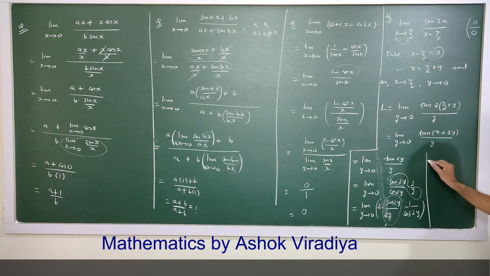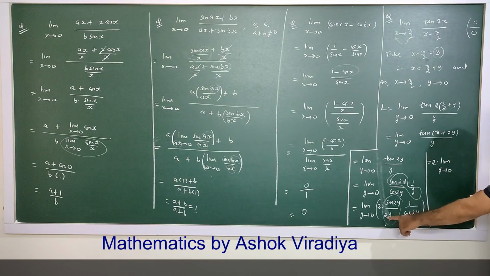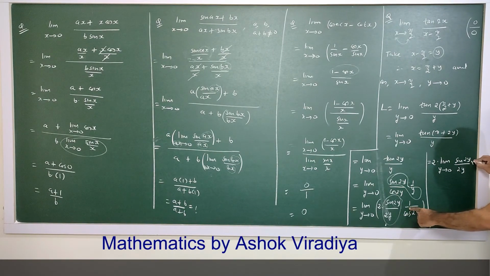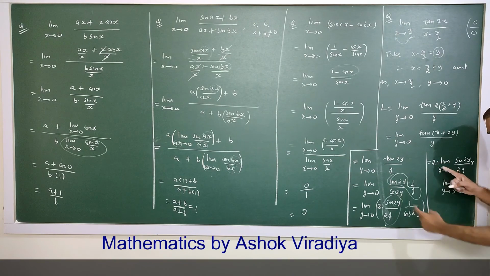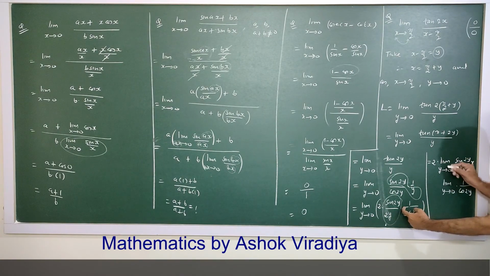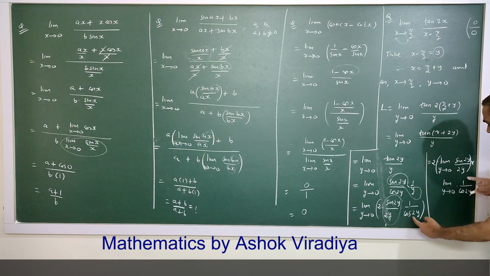So that is equal to 2 into limit y tends to 0 of sin 2y upon 2y, into limit y tends to 0 of 1 upon cos 2y. Distribution of limit: 2 into limit of this function into limit of this function.